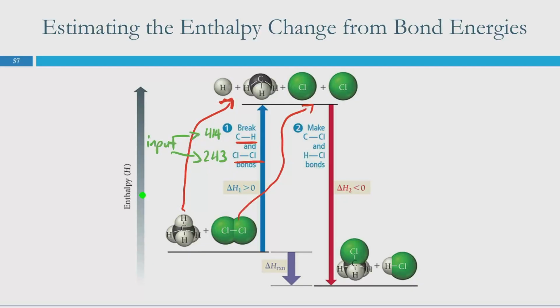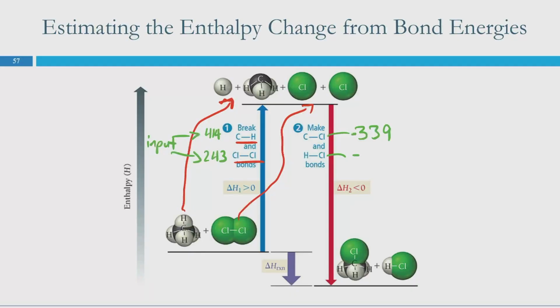That's why we're going up on this enthalpy chart. We're increasing energy, putting energy in. And then we get to make a C-Cl bond. That's going to be in the left column at the very bottom. That has a value of 339. And it's a negative because we're forming the bond. Our H-Cl bond is also in there. It's more towards the top.